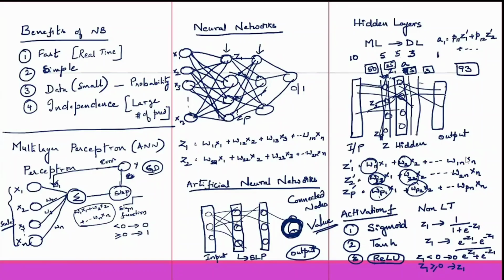All those parameters have to be determined by the gradient descent mechanism, which will be used to find out all those weights. This is where the overall functioning of artificial neural networks comes into the picture.